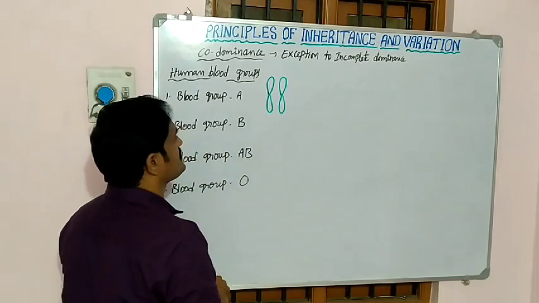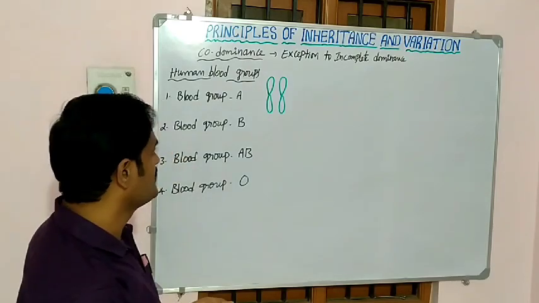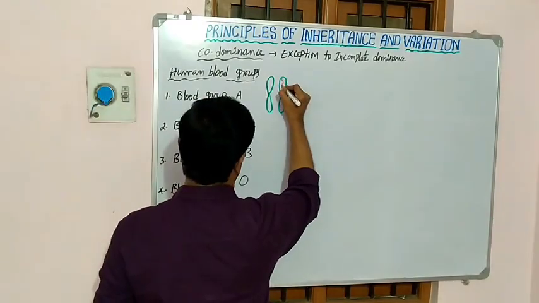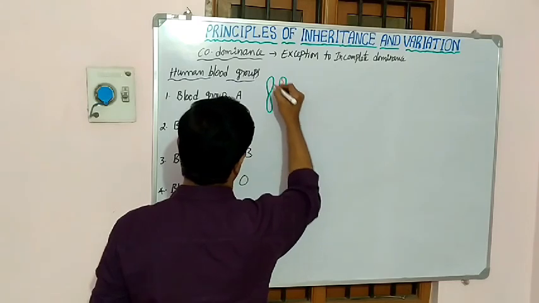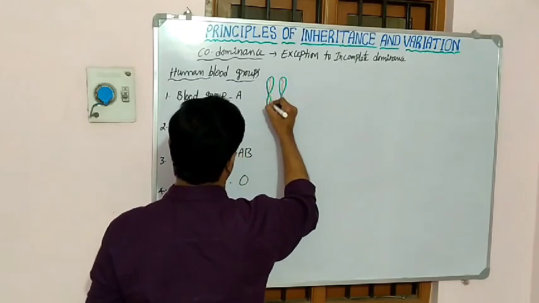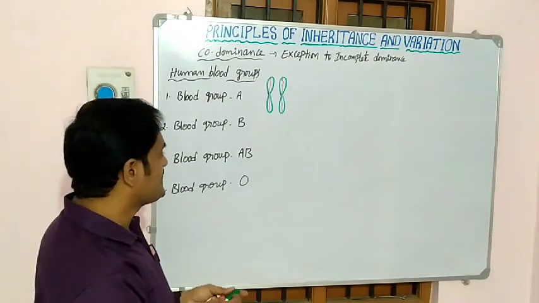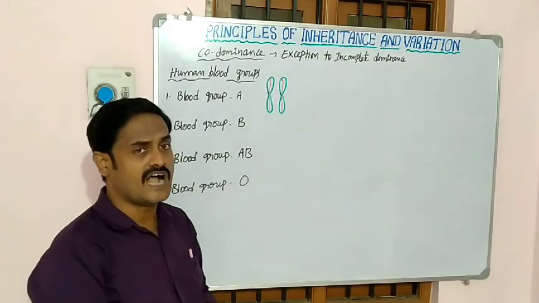So these are the chromosomes, and inside of the chromosomes consists of double stranded DNA. Here also double stranded DNA, and it consists of alleles.